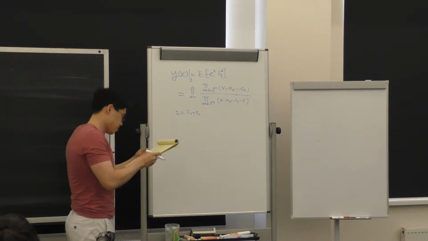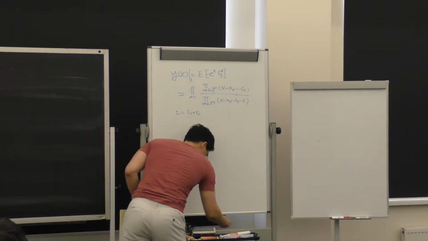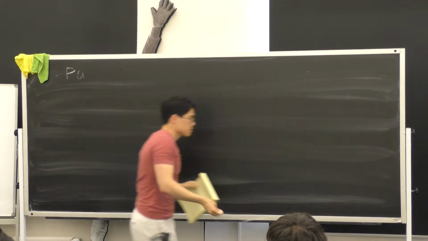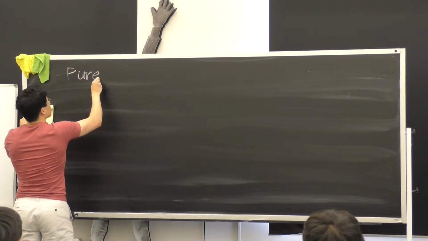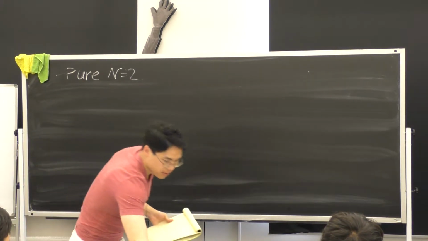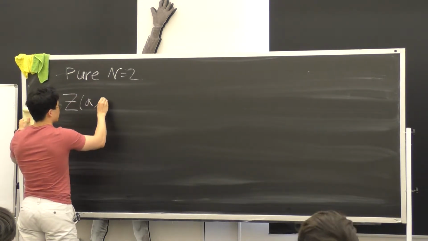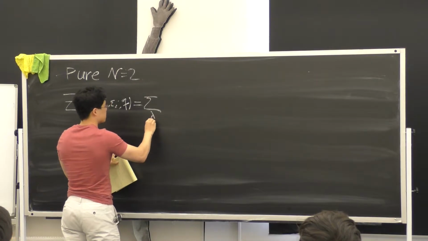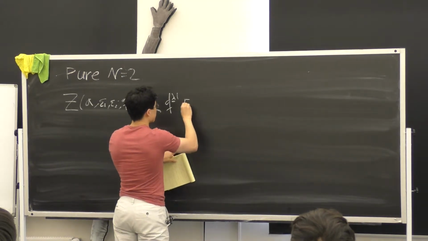So let's first consider the pure N equals 2 theory, which is much simpler. Here we had a partition function which depended on a, epsilon 1, epsilon 2, and Q. This was the sum over the Young diagrams, Q to the number of boxes in the Young diagram, and some measure.